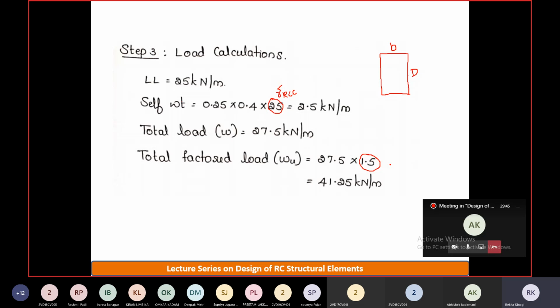When any RC beam element is subjected to live load as well as dead load, then for the combination of dead load and live load, we need to consider the partial safety factor as 1.5 always. So we are getting the total factored load as 41.25 kilonewton per meter.